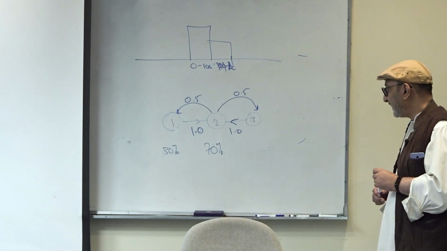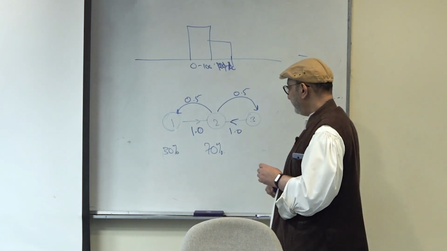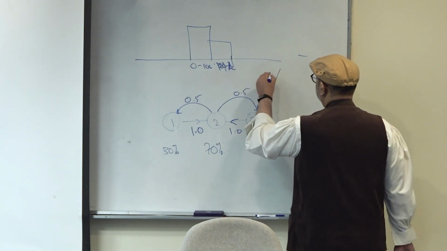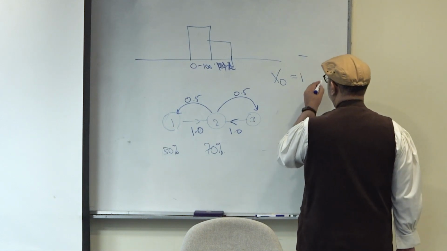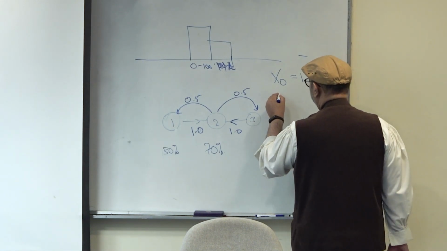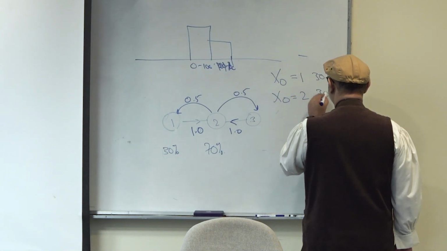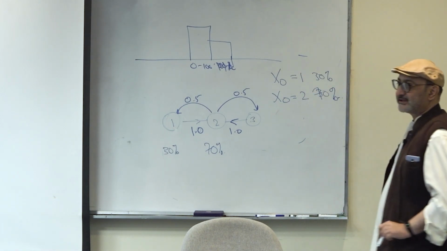Then what is the probability? So x0 equals 1 with probability 30%, and x0 equals 2 with probability 70%.